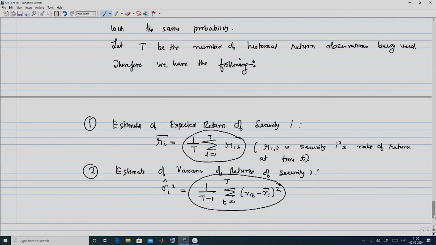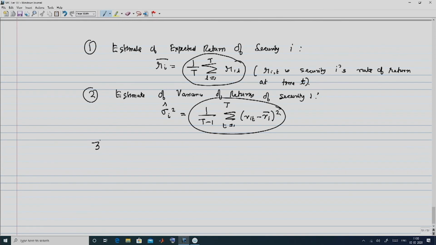Thirdly, the estimate of covariance, and of course we should not forget the correlation coefficients of securities i and j.